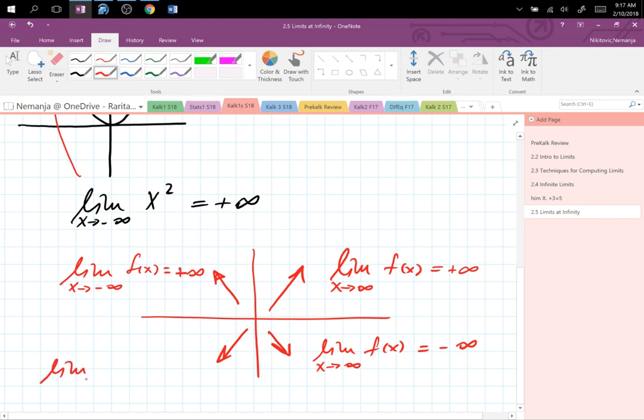And finally, the limit as x goes to negative infinity of f of x gives you negative infinity as the answer. So you have four possible motions and four outcomes. It's either right up, right down, left up, and left down. So that's the end behavior of the function.